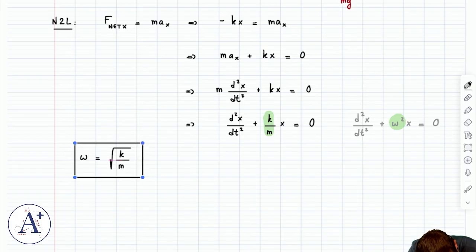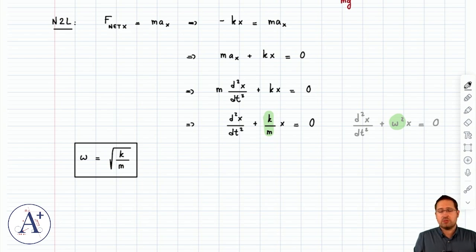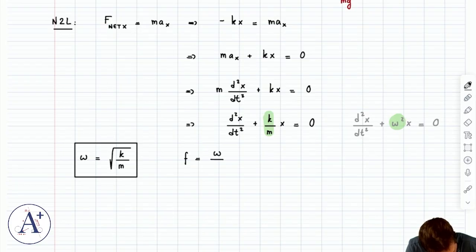We'll see that when we do the simple pendulum in a second, we will find an omega, but it'll be a different omega. It's not going to be square root of k over m. It's going to be square root of g over l. So that's omega. That means that the frequency at which this oscillator likes to oscillate is going to be omega over 2 pi, because omega is 2 pi f.